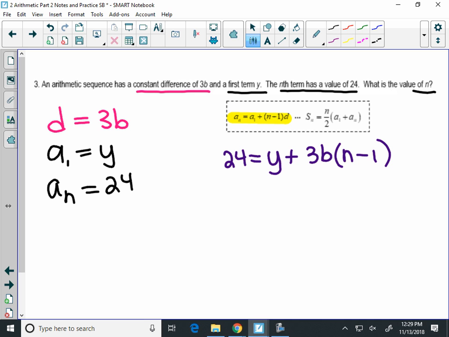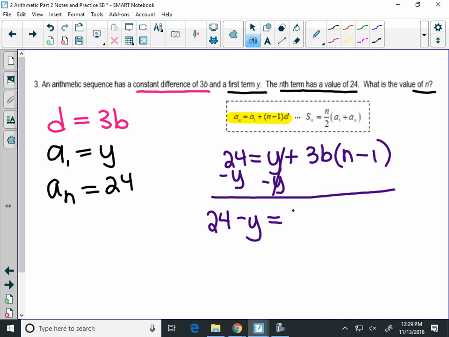Minus y first is what I would do. Okay. So I get 24 minus y equals 3b times n minus 1. And my suggestion is, instead of distributing the 3b, let's just divide it away now. I mean, you can distribute it, but you'll end up doing more work later on. So we're going to divide both sides by 3b.